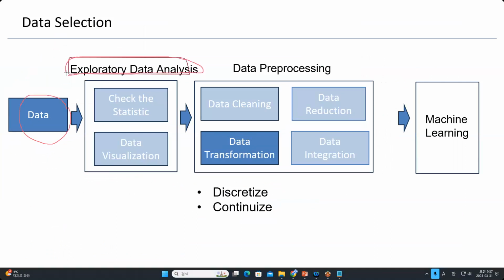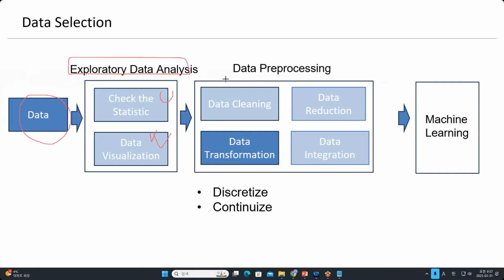The EDA means you need to check the statistics: the minimum, the maximum, the mean, the standard deviation, whether they have a single value or not. And you need to check the data visualization. We can check the distribution, we can check the scatter.